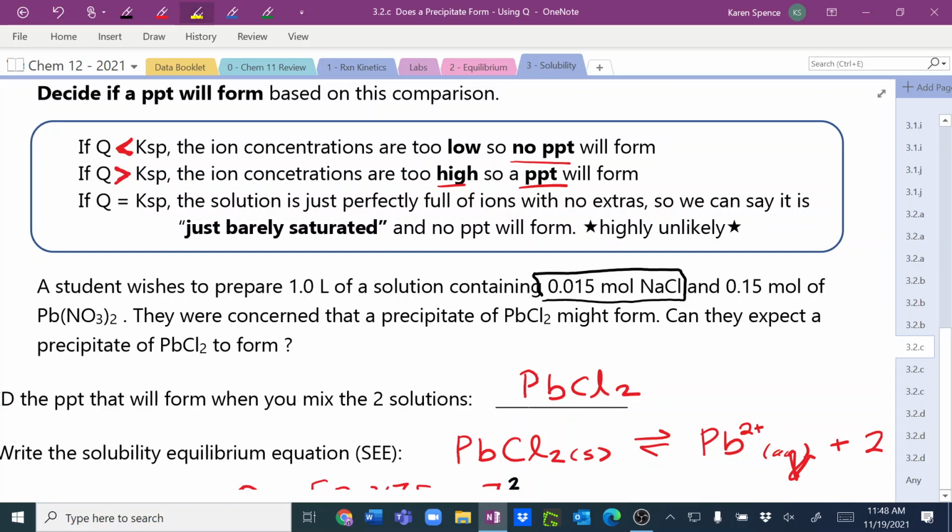I took some sodium chloride and I took some lead nitrate. When the chloride is coming from sodium chloride, it does not have to be the same or twice as much as the lead, which is coming from lead nitrate, because they're coming from different places. Does that make sense? So you have to watch out, and this is why I've been harping on about the dump and stir versus the mix and match.